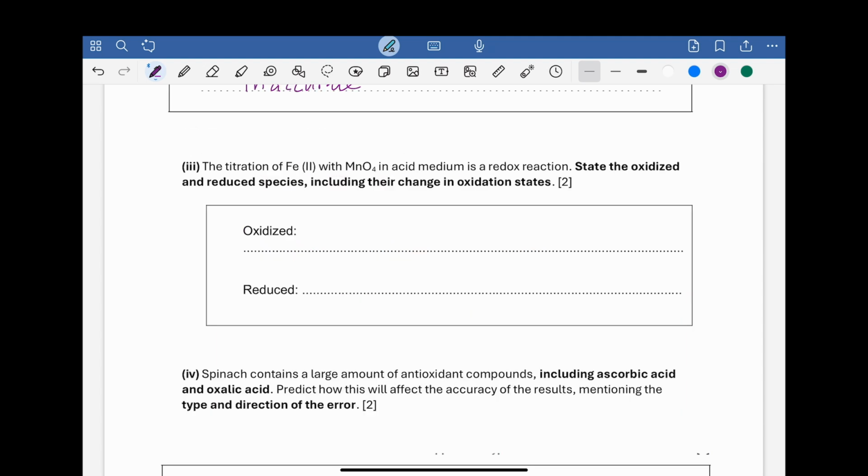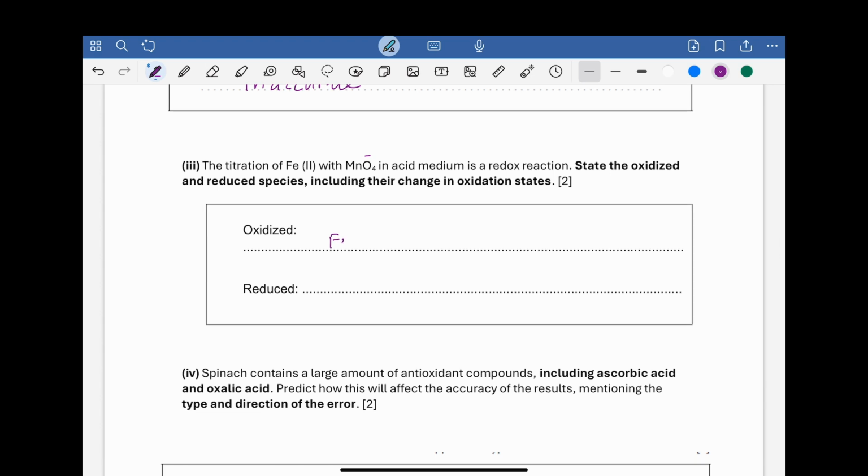The titration of iron 2 with MnO4 minus in acetic medium is a redox reaction. State the oxidized and reduced species, including the change in oxidation state. So the species oxidized is iron 2 plus to iron 3 plus, and the change in oxidation state is +2 to +3 for iron.